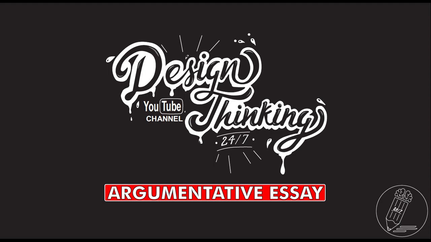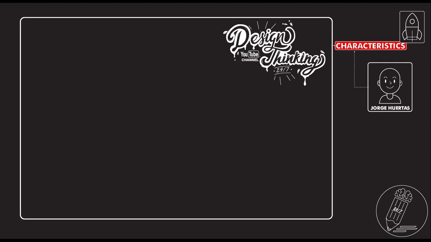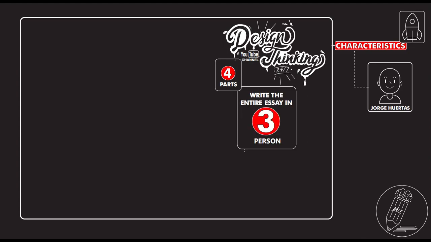Okay, so when we are developing an argumentative essay, the first thing that we need to know is that the essay is divided in four parts. All the essay is written entirely in third person, everything. You never talk in first person. Always you write in third person.